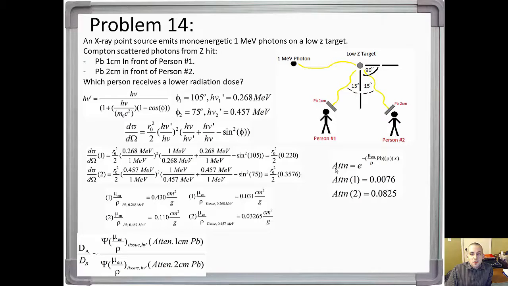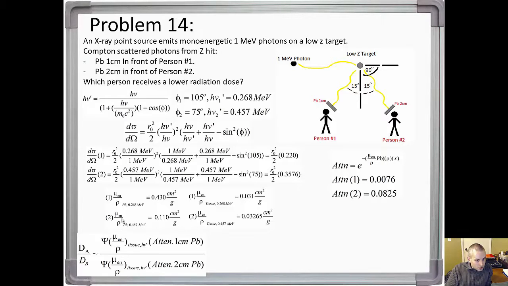I'll probably end up creating a video on photon attenuation later, so I won't go through it in extreme detail. But attenuation can be calculated by e to the exponent of minus μen over ρ, the straight-ahead approximation for lead, multiplied by the density times the distance, x. So I did this for each case.